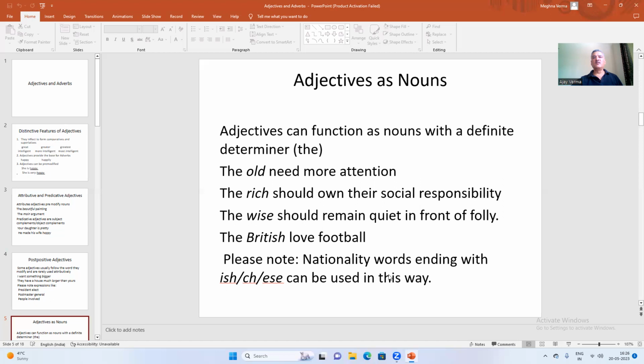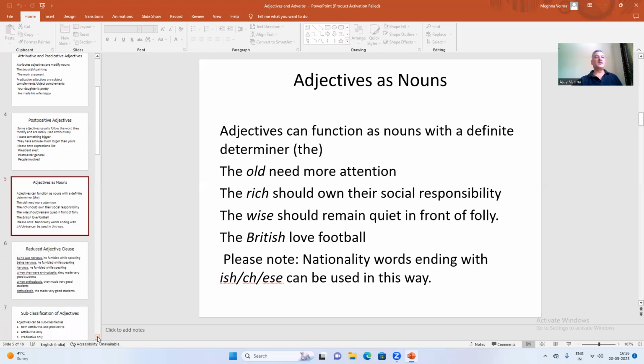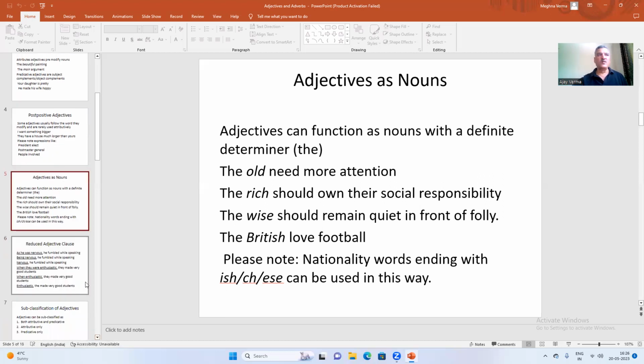So nationality words ending with ish, ch, such as British, French, Chinese, can be used in this way, as subjects of the sentence or as head words in a noun phrase. So this is a very distinctive use of adjectives as nouns.